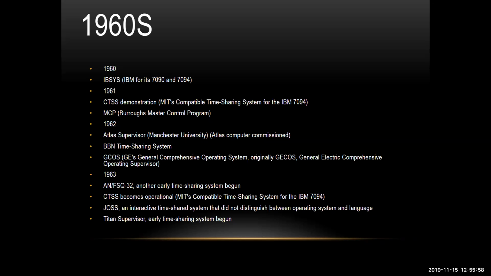And then we also had GCOS, also known as General Comprehensive Operating System. It is a family of operating systems oriented toward the 36-bit GE Honeywell mainframe computers. And then 1963, we had AN/FSQ-32.